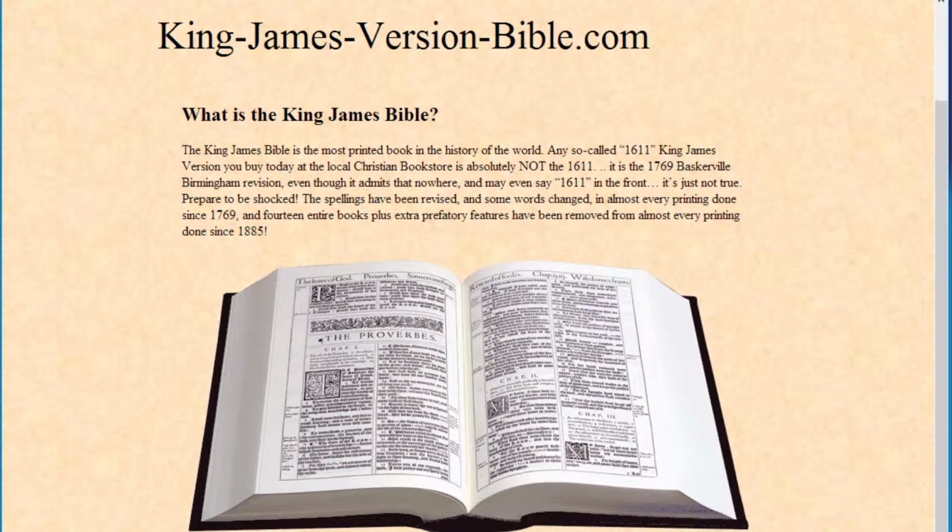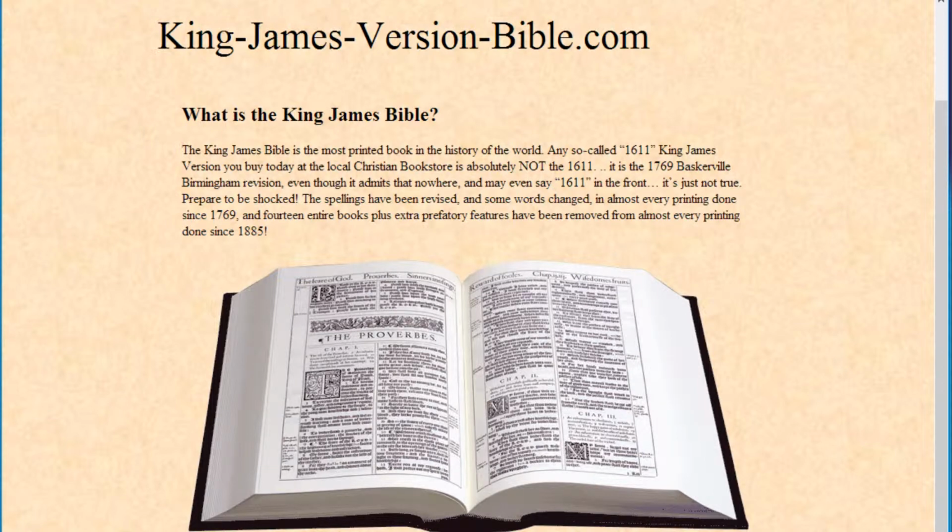A little subnote of history, something that people don't necessarily like to hear about, is the issue of revisions on the King James. The King James Bible had 4 different editions that were put out, or revisions. And the last one, the one that we tend to use here in America, is the 1769 Baskerville edition.